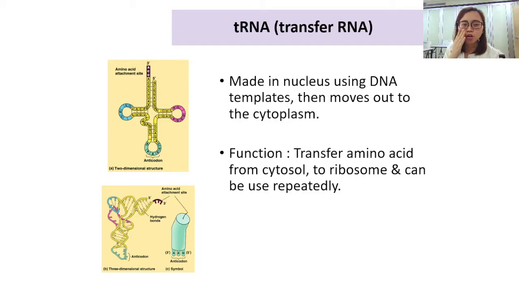The function of tRNA, nama dia transfer RNA kan. Jadi fungsi dia adalah untuk transfer amino acid from the cytosol to ribosome and they can be used repeatedly. Fungsi dia adalah untuk membawa amino acid pas kepada ribosome dan boleh digunakan berkali-kali.